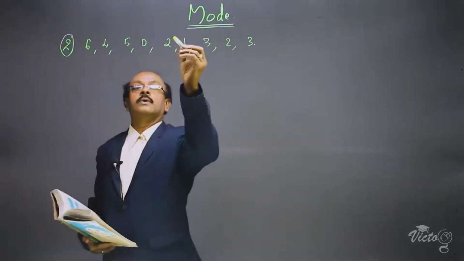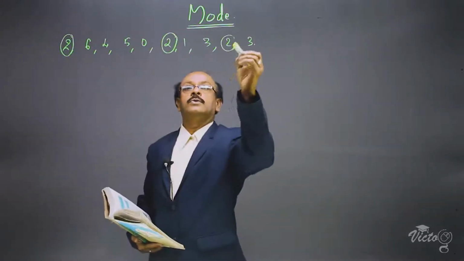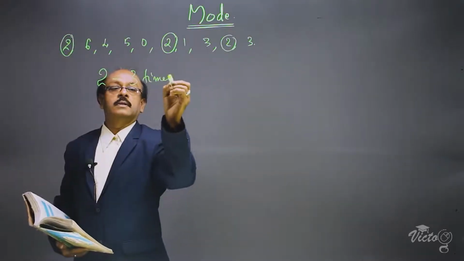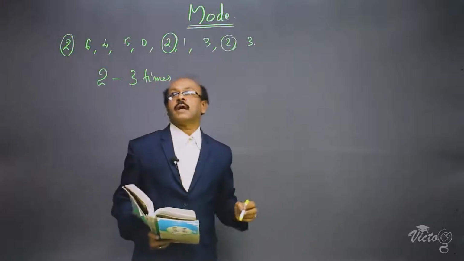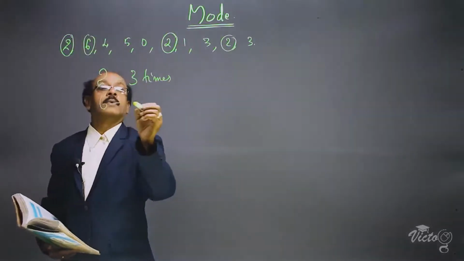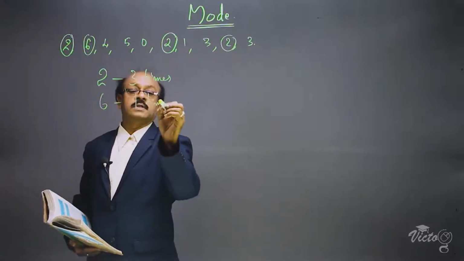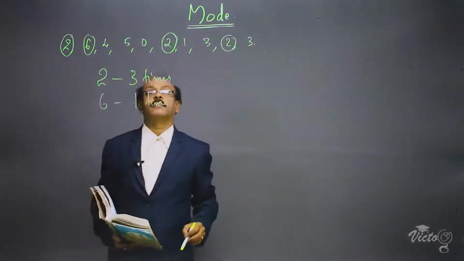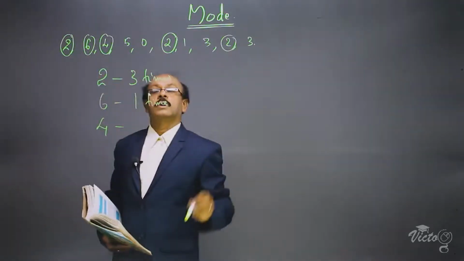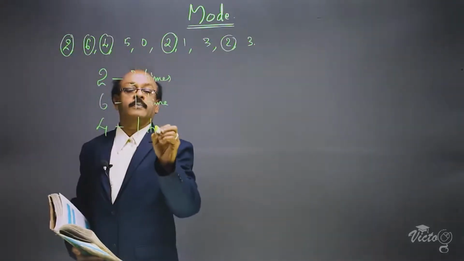2, 2, 2. The observation 2 is occurring 3 times. Then 6 is occurring only 1 time. Then 4 is also occurring 1 time.